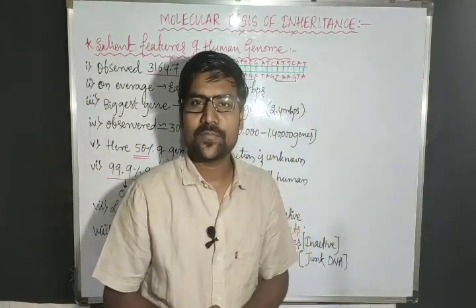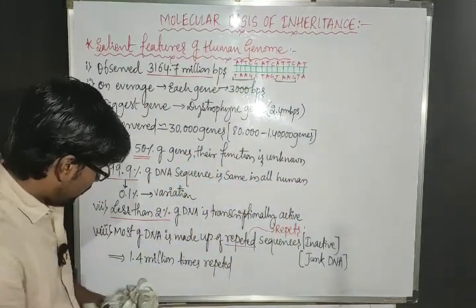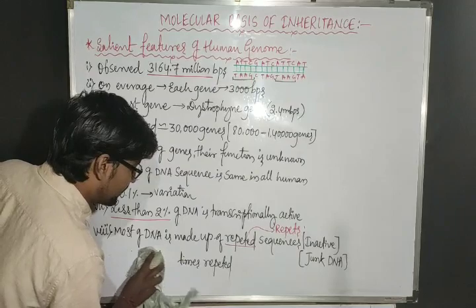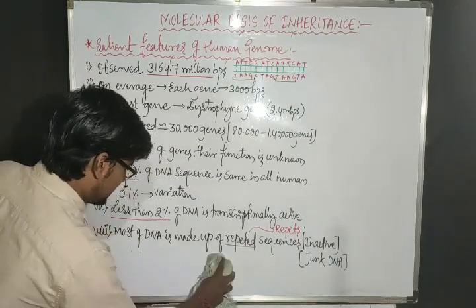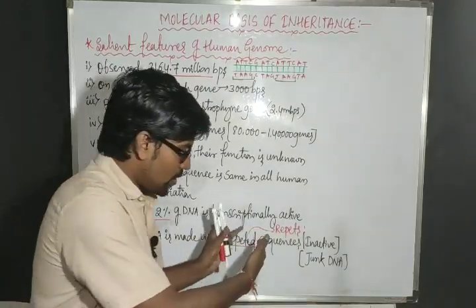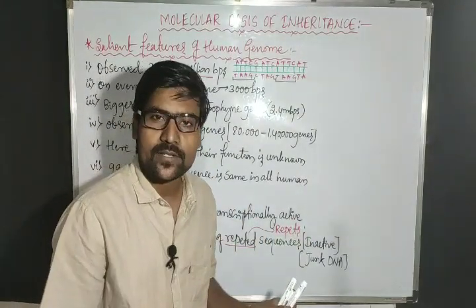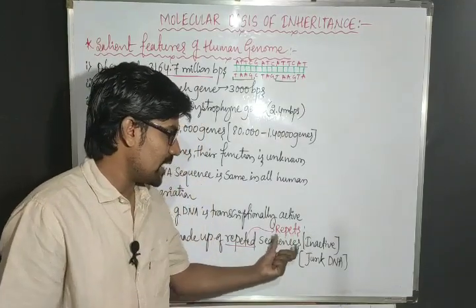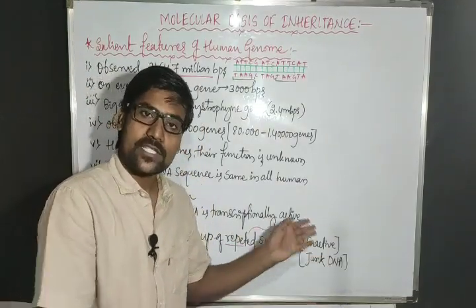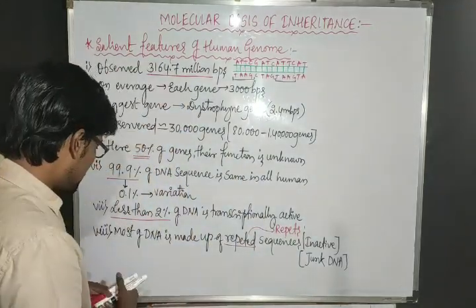One sequence is there. Not for this one, let us consider it for the next point. I think you have understood this. Many times some sequences get repeated continuously, so we refer to them as just repeats. So such an amount of DNA is more here, right?